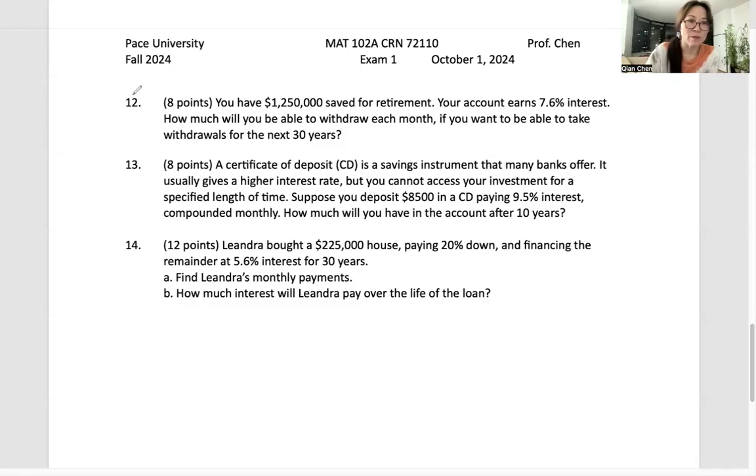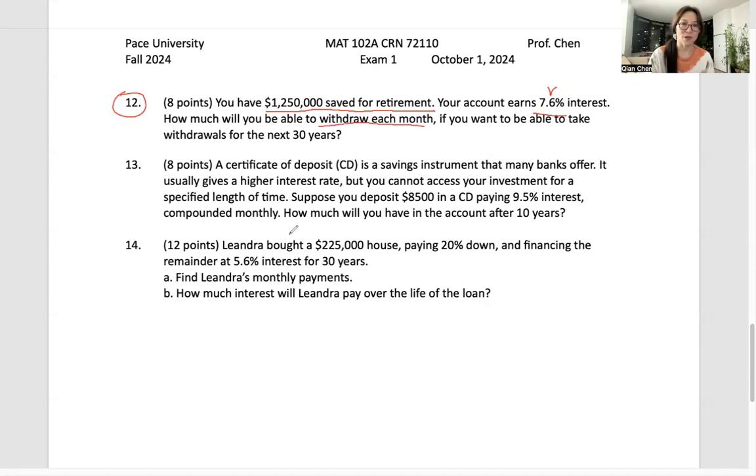Now let's see 12. 11 used compound interest. You have $1,250,000 saved for retirement. So either use 4 or 5. Which one do we use? Your account earns this, that's little r interest. How much will you be able to withdraw? Keyword: withdraw.